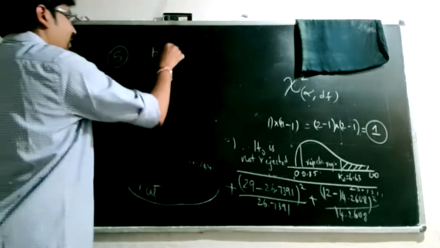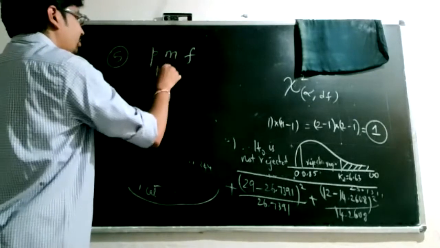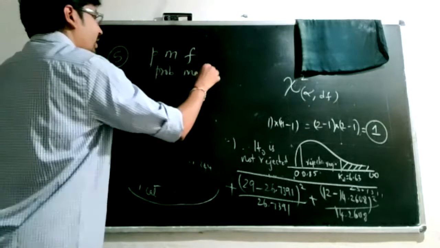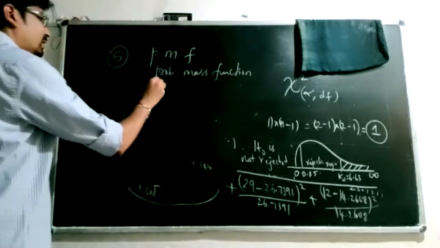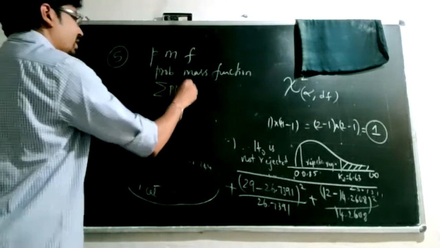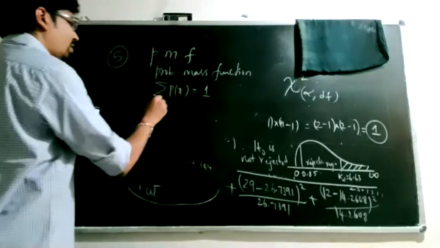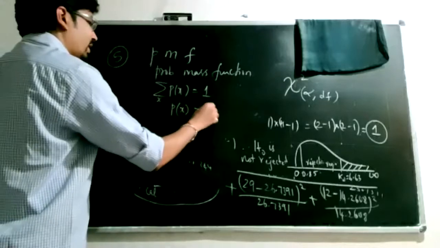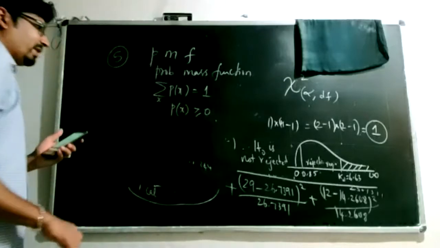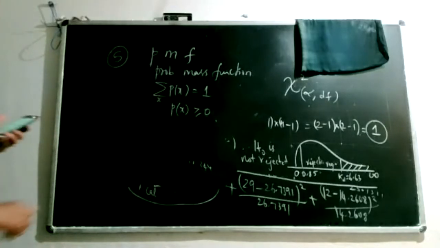PMF stands for probability mass function. A probability mass function is a probability function such that the total probability is equal to 1 across all the values of x, and every probability value is greater than or equal to 0, roughly lying between 0 and 1.